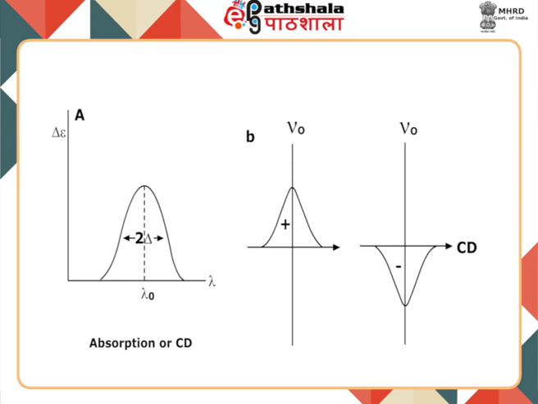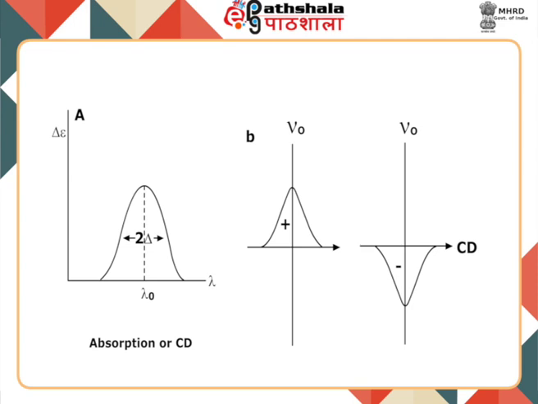The spectrum obtained in circular dichroism is almost identical to an absorption spectrum, except that the peaks can be both positive and negative in the case of circular dichroism.